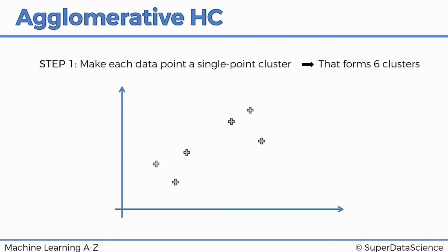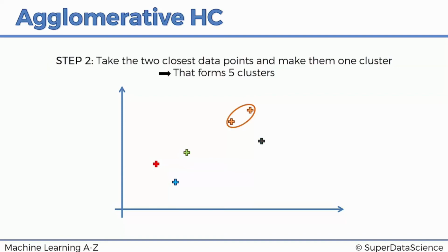So step one, make each data point a single point cluster. That forms 6 clusters. Let's have a look at that. You can see every single point is a separate cluster. Next, take the 2 closest data points and make them one cluster. We can see that these 2 points are the closest, so we're putting them together in one cluster. Now we have 5 clusters, 1, 2, 3, 4, and these 2 are one cluster.